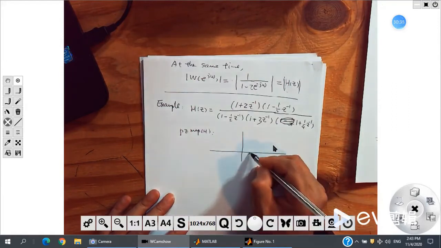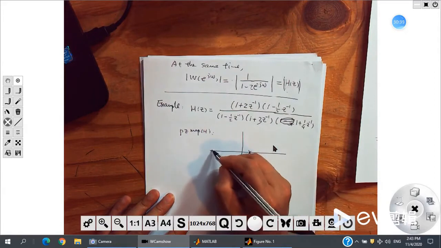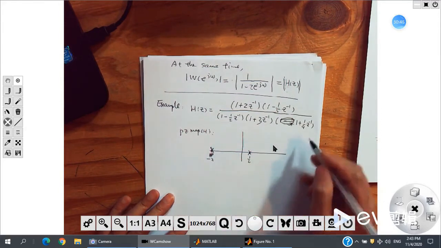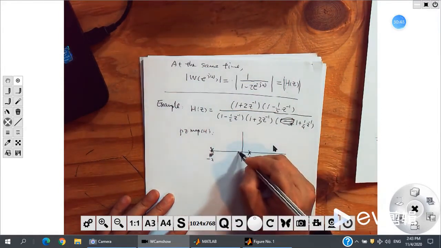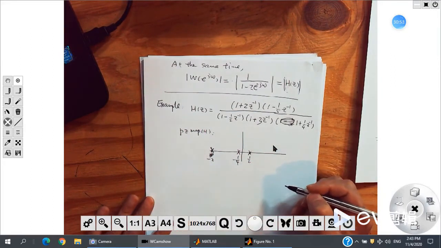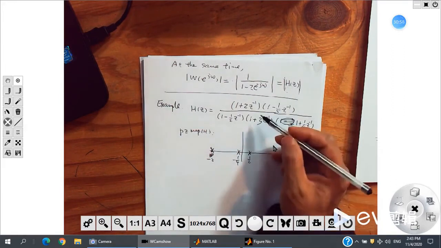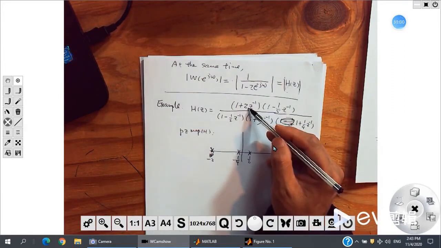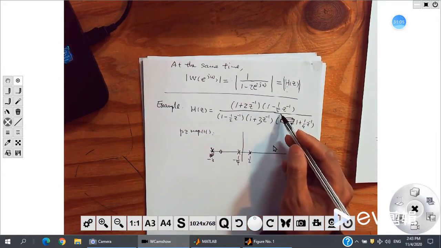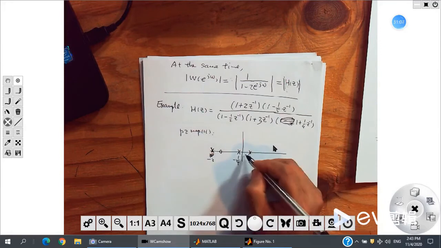We have 1/2 as a pole, and negative 3 as a pole, and negative 1/4 another pole. Right, we have three poles. And then in the numerator, I have negative 2 as a zero, and plus 1/5 as a zero.